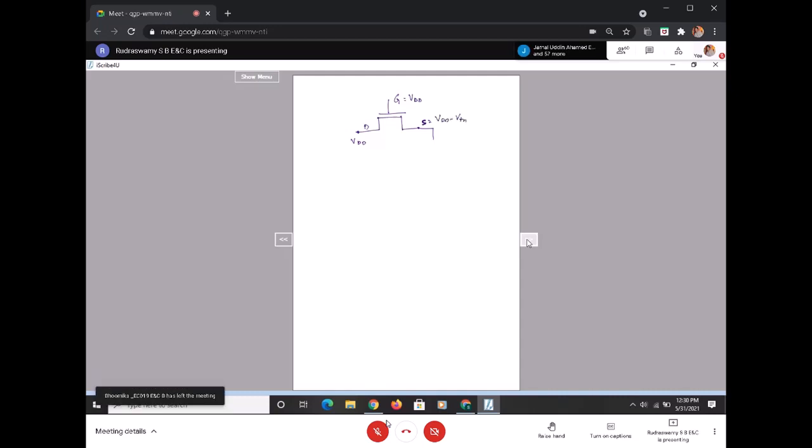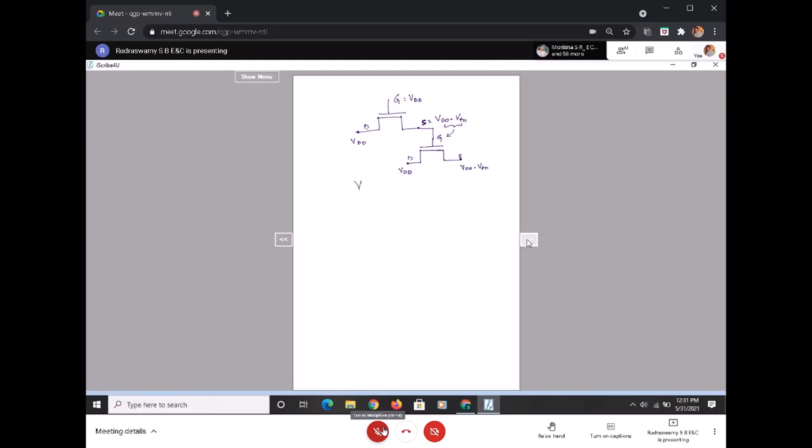Now, if this is acting as a pass transistor, again this is drain, this is source, this is at VDD. Now, can anyone tell me what should be this now? So gate is at VDD minus VTN. You are expecting VDD minus VTN, right?